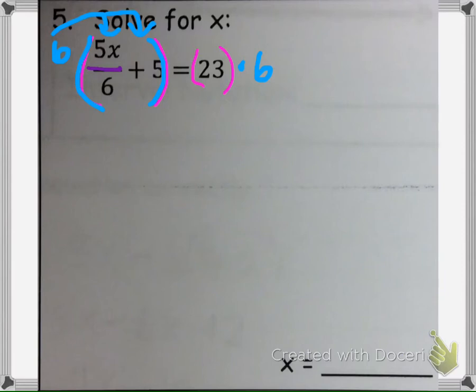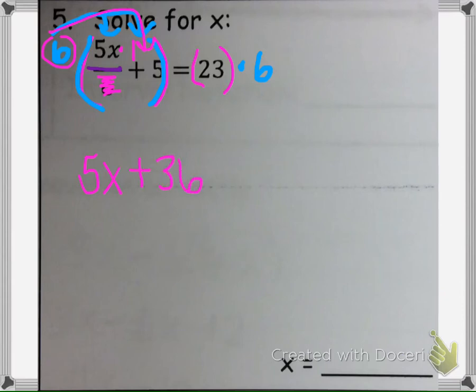So we're going to multiply 6 times 5/6. So if we apply our rules for when we're multiplying fractions, this 6 is going to go into this 6 right here once. So we have 5x times 1. And then this 6 times 5 is 30.